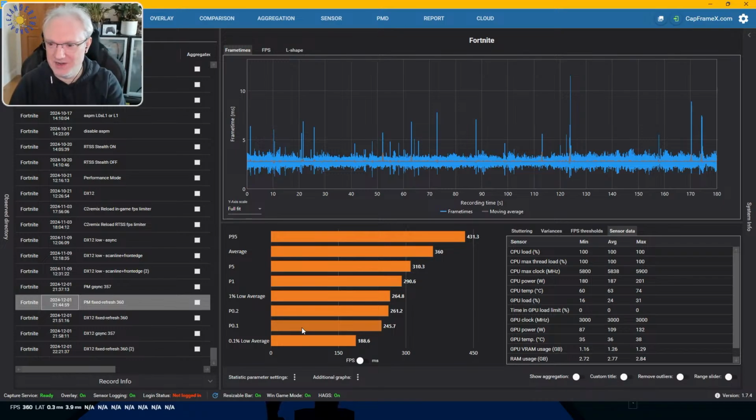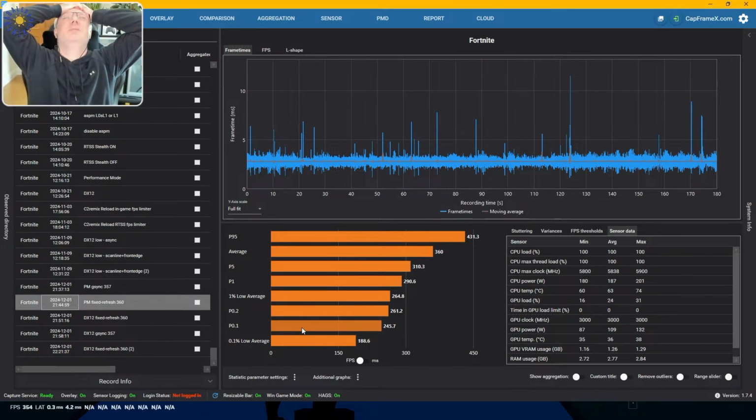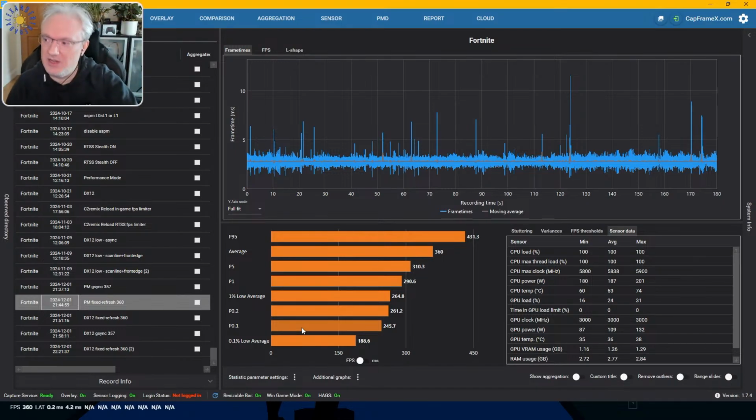In a real game, there's going to be variables for other people. Most of this CPU load is from the CPU having to work out what other people are doing, which way they're looking, what they're wearing, what's in their inventory. So the other users' actions. That's why creative is nice and flat on your own and sits at 360.